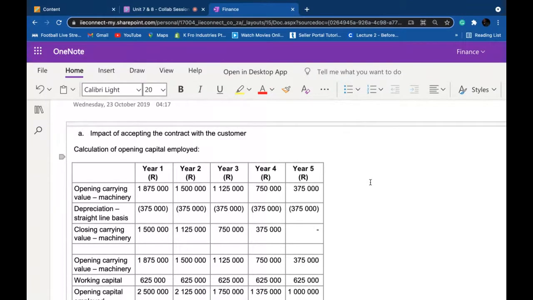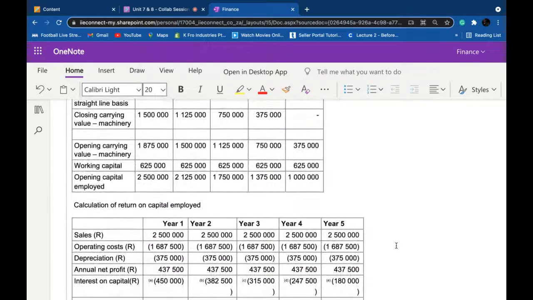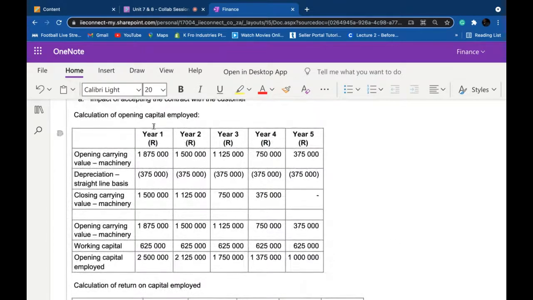Repeat the calculation in the first part, assuming that the annuity depreciation method is used on the newly acquired machinery. So there again, all you're calculating is basically return on capital employed and residual income this time. The first one was return on investment and residual income. So there you go. Capital employed.